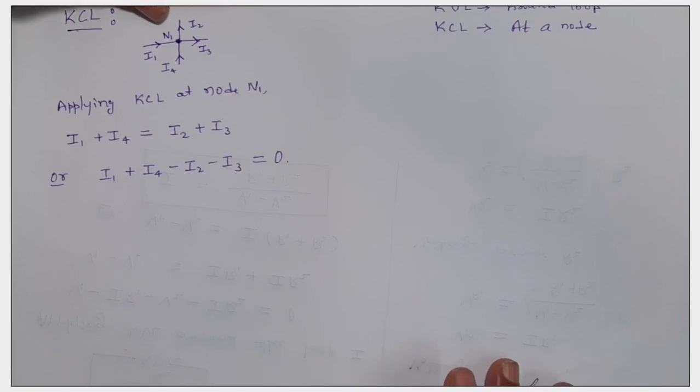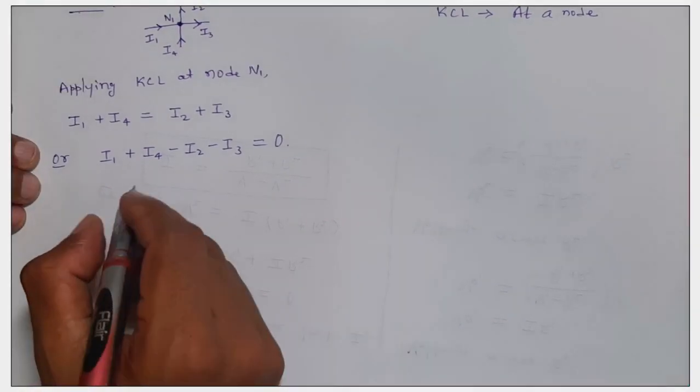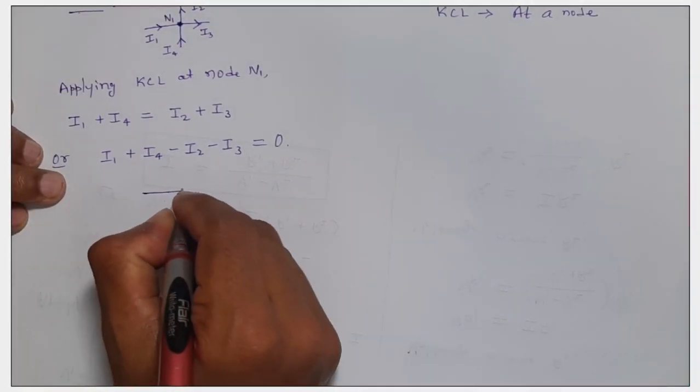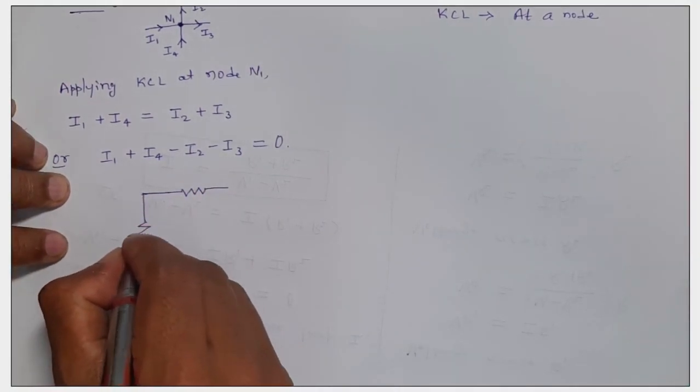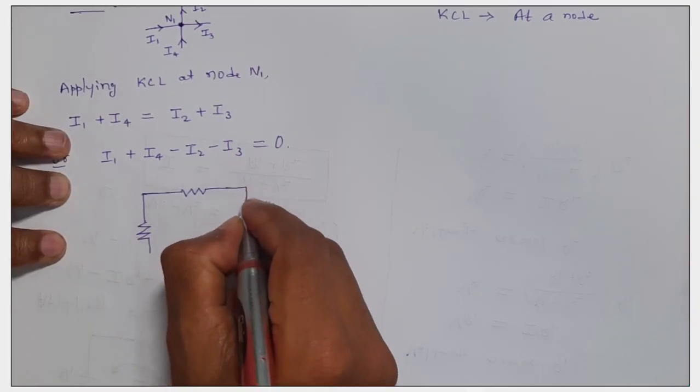To discuss further, let me consider a simple network. Say, for example, a network with some 3 resistors.